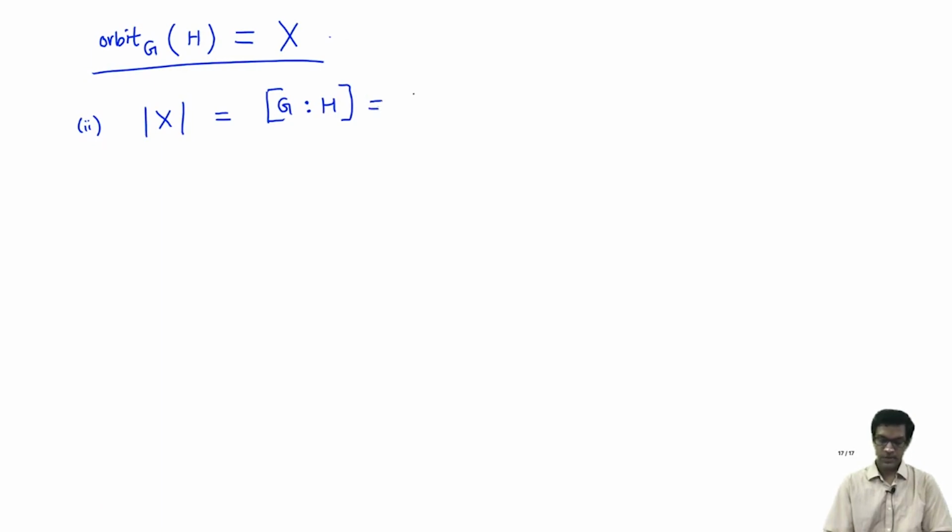The number of cosets, and that's just cardinality of G by H when they're all finite. And I've assumed that H is a proper subgroup of G, which means that this is at least 2 since H is assumed to be proper. Okay, so the second hypothesis is also satisfied.